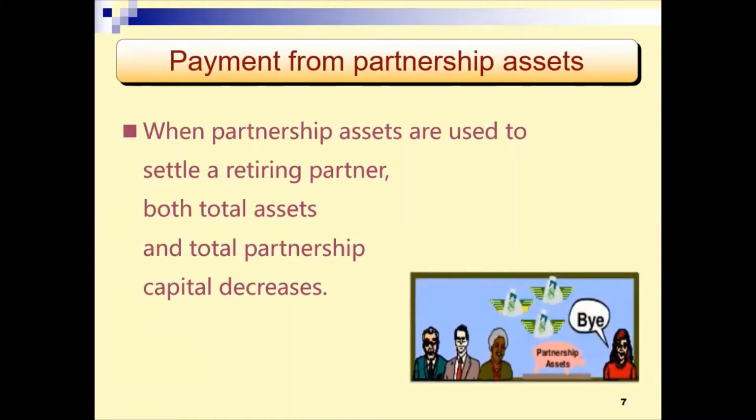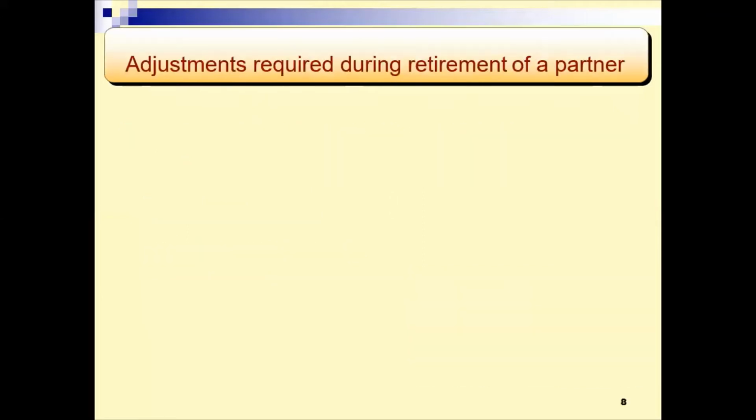When partnership assets are used to settle a retiring partner, what happens is that both the total assets of the partnership and the capital of the partnership decrease, because the retiring partner withdraws their own assets, which are part of the financing of the partnership business.